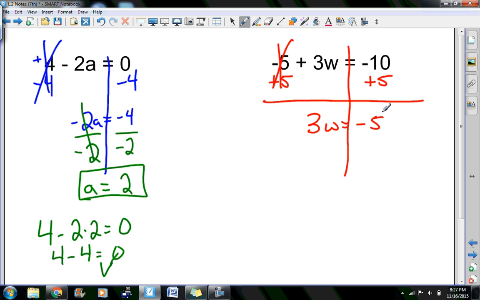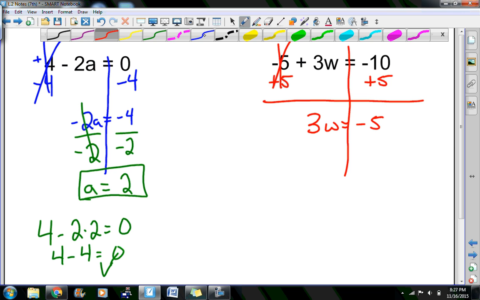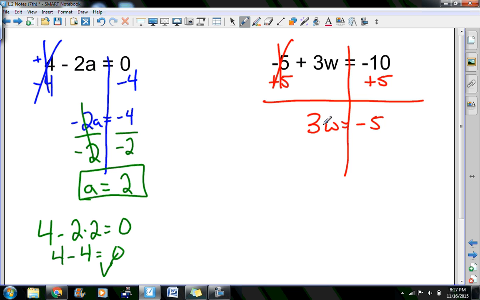Well, the problem here is we're going to be creating a decimal answer, but that's just fine. Decimals and fractions are not a problem at all. We've worked with them a lot. So I'm going to divide by 3 on both sides of the equation. So I create w is equal to negative 5/3. Well, that's the same thing as negative 1 2/3.